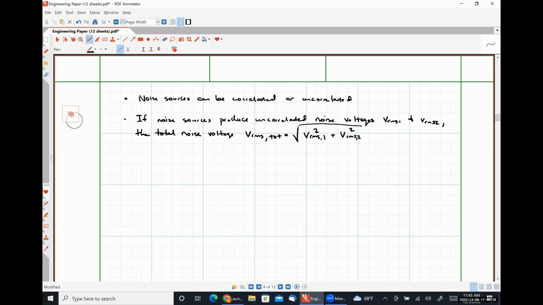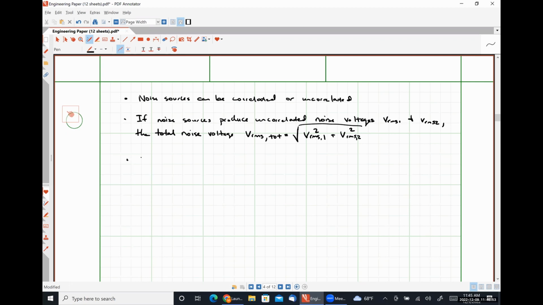So effectively, we add the powers together and take the square root. If there were a resistor thrown in there, it would be the powers or whatever. So we're taking the Vn squared quantity, because Vn squared should be the exact same thing as VRMS squared, since VRMS is Vn, the square root of Vn squared, right? So we're adding those noise voltage quantities and then taking the square root of the sum.